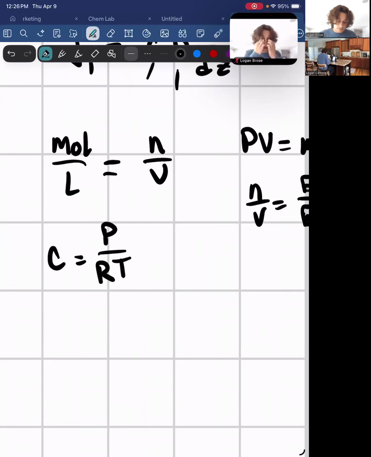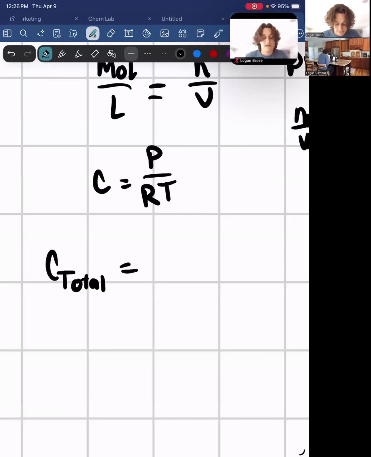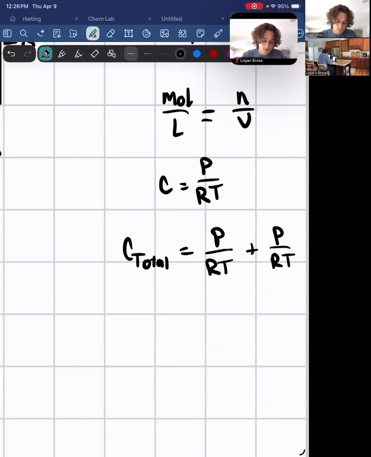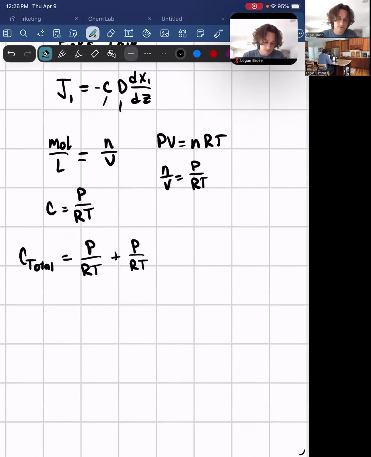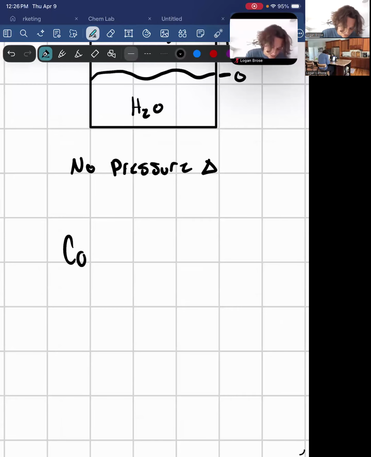If we're looking at our total concentration, we can write it as P over RT plus P over RT, one for our nitrogen, the other for our water. And we know that our concentration is our driving force.